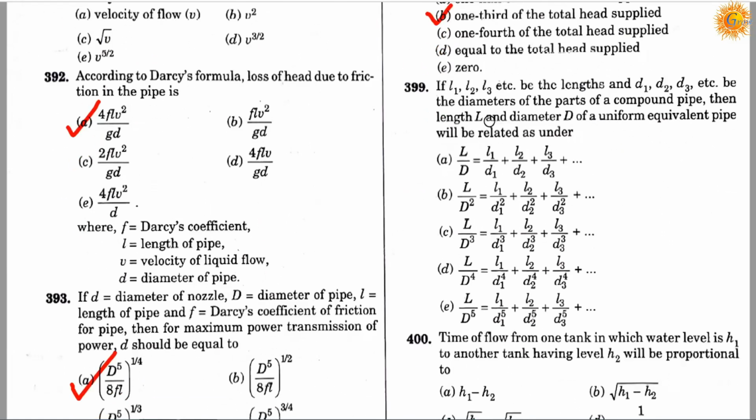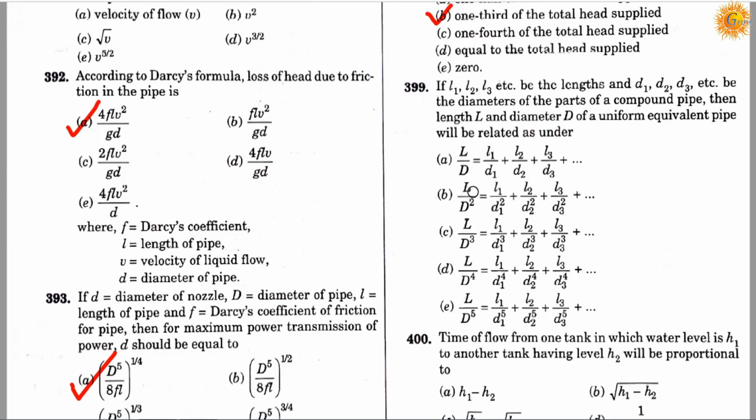Question number 399. If L1, L2, L3 etc. are the lengths and D1, D2, D3 etc. are the diameters of the parts of a compound pipe, then the length capital L and the diameter D of a uniform equivalent pipe will be related as follows. Option A, L upon D is equal to L1 upon D1 plus L2 upon D2 plus L3 upon D3.